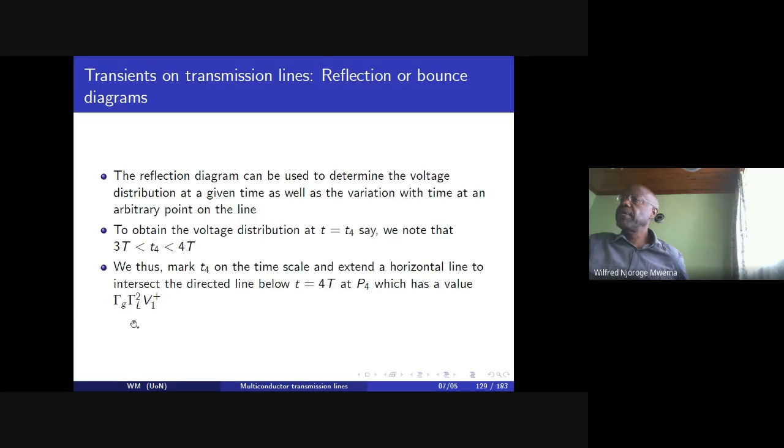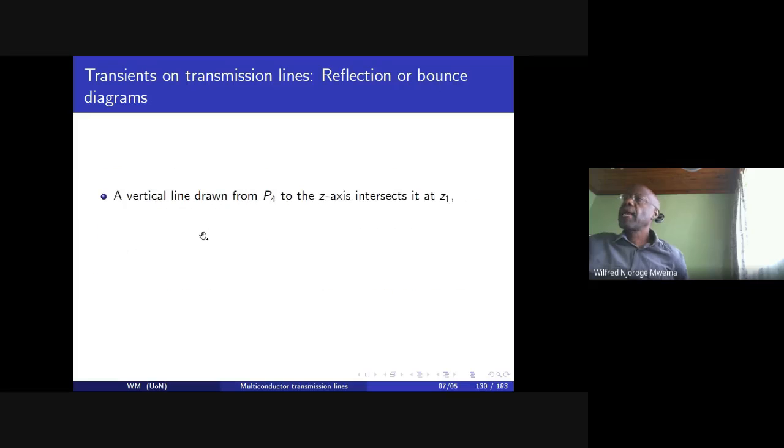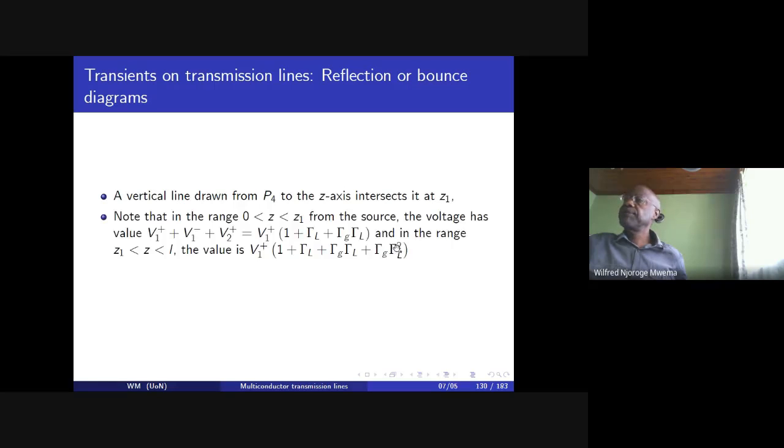So this is the component of the reflected wave at that particular time. The vertical line will then be drawn from P4 to the z-axis to intersect at the point Z1. We note that in the range 0 less than z less than Z1, from the source, the voltage has a value of V1 plus, V1 minus, plus V2 plus.